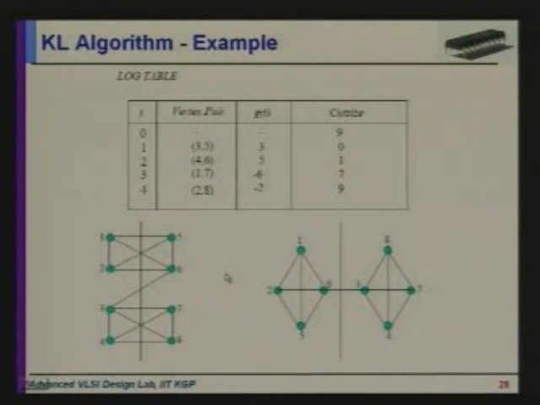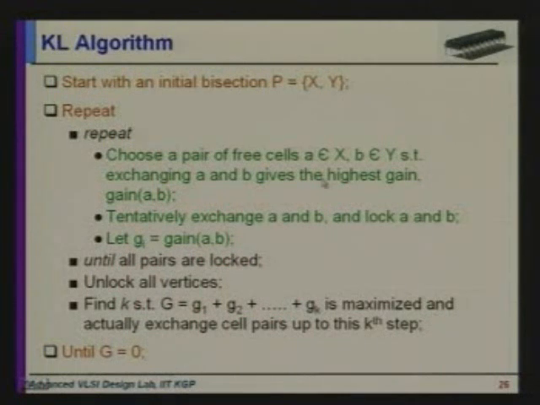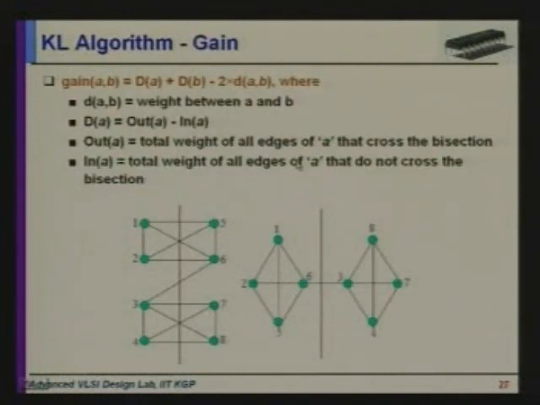So now consider that the weight is 1, right, DAB represents 1. So I come back to the algorithm, I choose two nodes A and B, I exchange them and I find the gain. So I find dA plus dB minus twice dAB. If I take, say, vertex 3 and vertex 5, vertex 3 has out 3 and its in is 1.